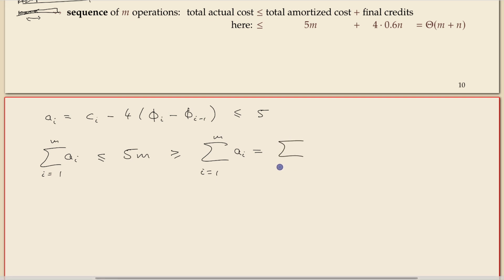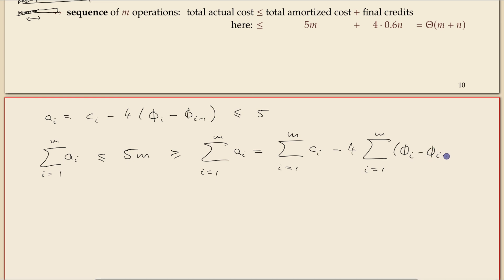If we split the sum up, then we have the sum of all the c_i, and minus 4, and then a sum that some of you may immediately see is a special type of sum, because this sum is called a telescoping sum. You're always taking a positive term from the next element and you subtract the previous, but you sum this up over the whole thing. So if you do this, they all cancel each other out.